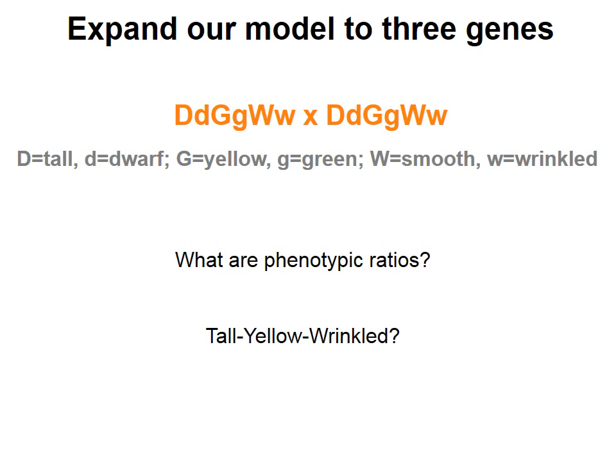We had true breeding, dominant phenotype in one of the parents, recessive phenotype in the other. We breed those together. 100% of the F1s have this genotype: big D, little d, big G, little g, big W, little w. We then self that generation. What are the phenotypic ratios of the offspring in that F2 generation?